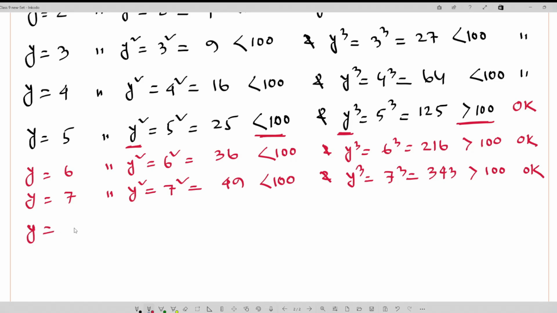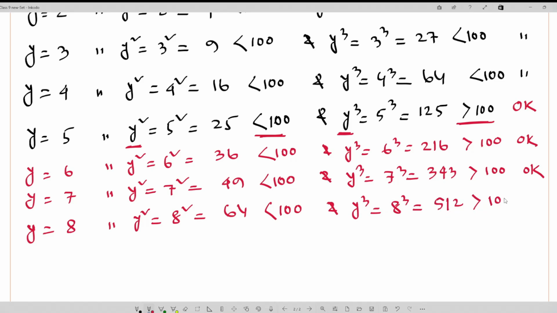Now y equals 8: 8 squared is 64, less than 100, and 8 cubed is 512, greater than 100.